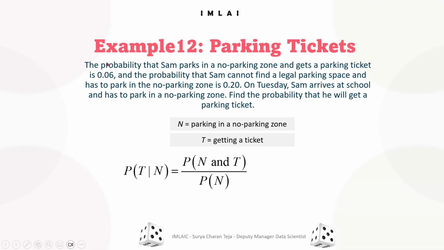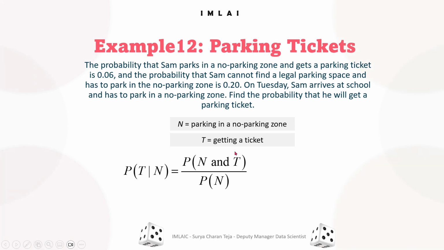So the probability that Sam parks in a no parking zone and gets a parking ticket is 0.06. So both happening is 0.06, and the probability that Sam cannot find a legal parking space and has to park in the no parking zone is 0.20.